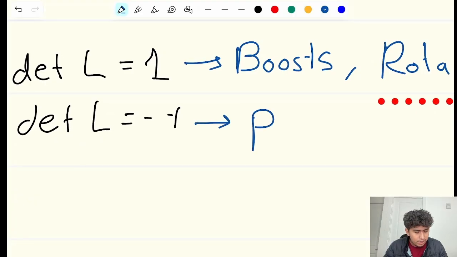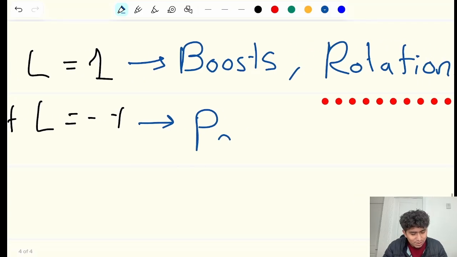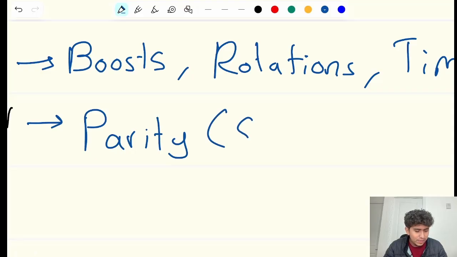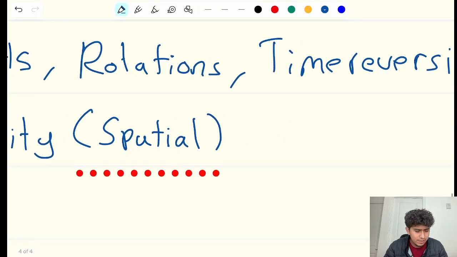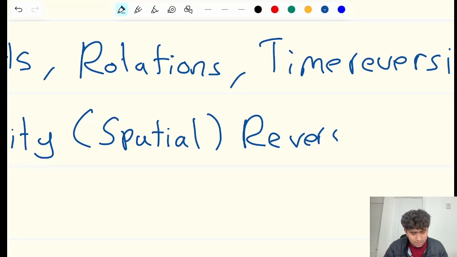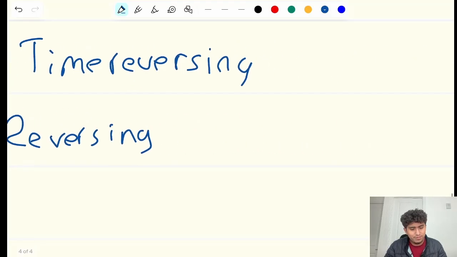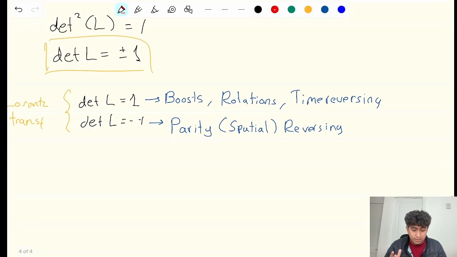And then for the matrices with determinant minus 1, this is only the parity transformations, which are basically spatial reversing. Cool stuff. So that allows us to know in which category a Lorentz transformation could be.